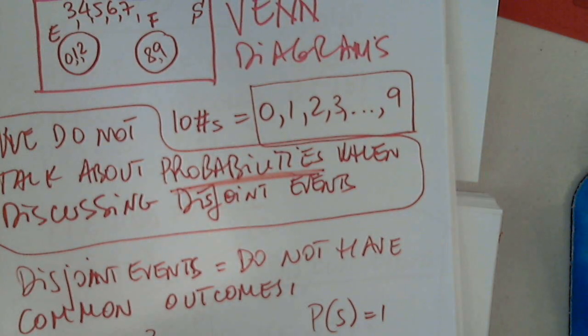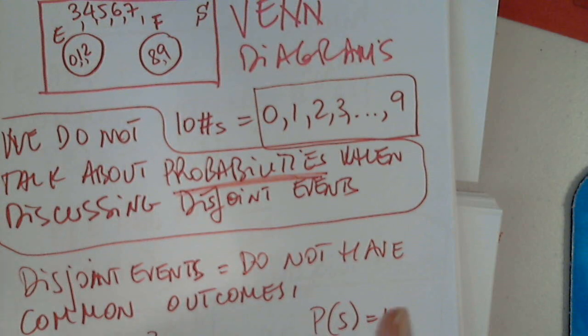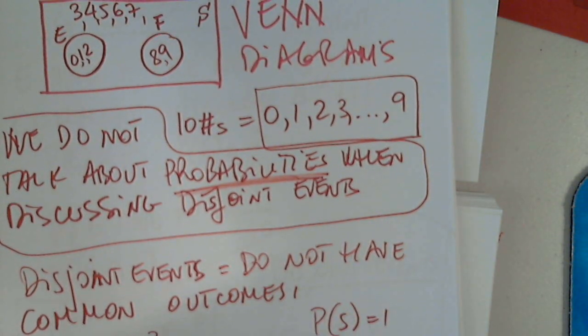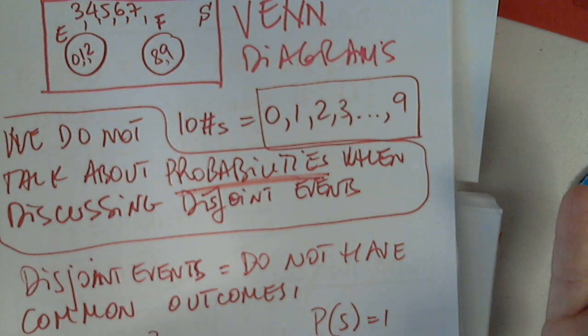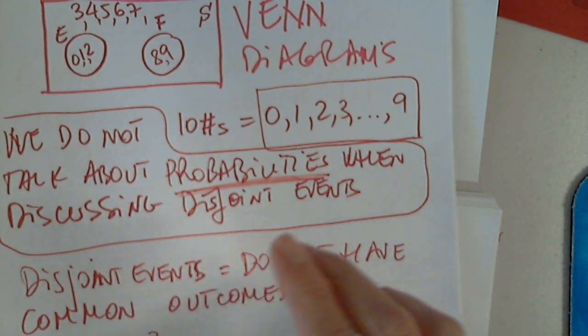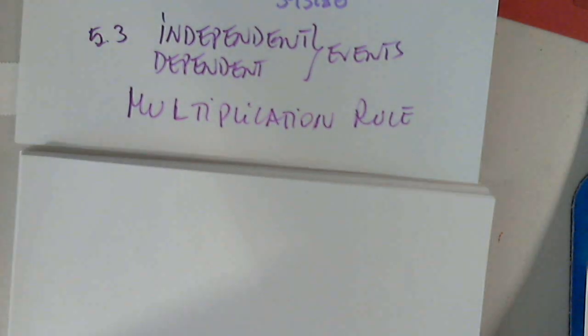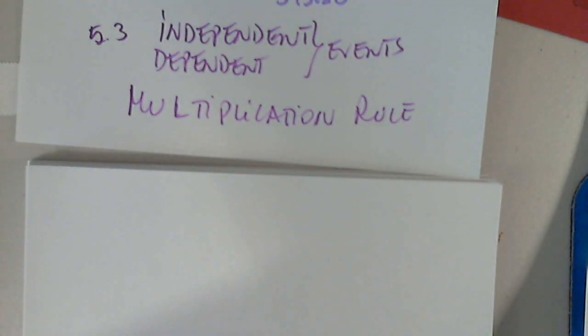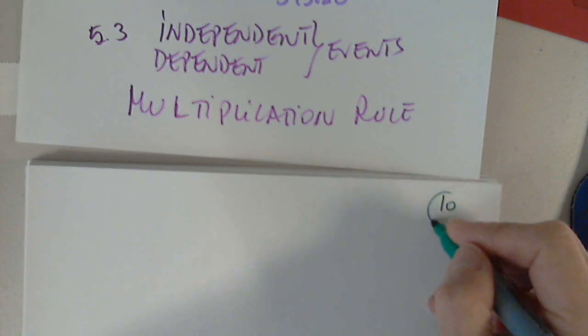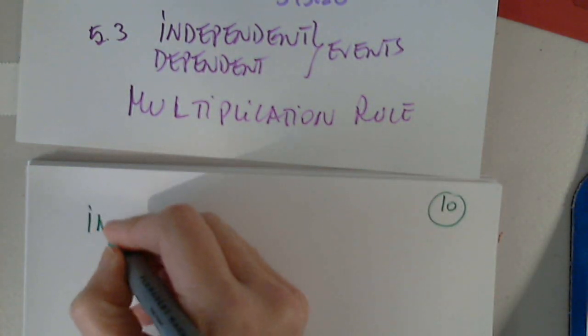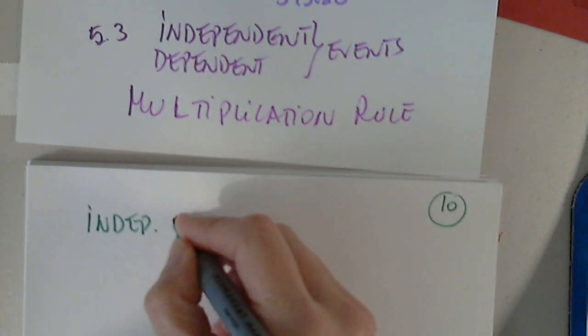Of course, eventually we talked about probabilities, but that's not how we determine whether they are disjoint or not. If they have common outcomes, they are not disjoint. If they don't have common outcomes, they are disjoint. But here, when it comes to independent and dependent, we do talk about probabilities. That's how we analyze.